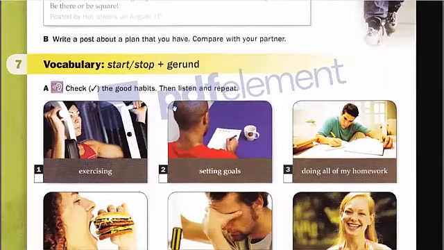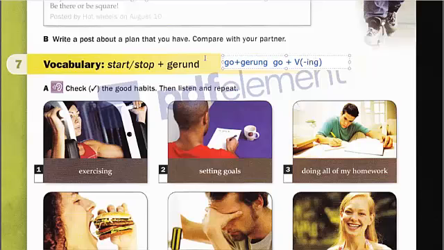here we're going to start talking about start, stop, plus gerund. As you can remember, we have studied the verb go plus gerund. Remember? In other words, it means go plus another verb that ends in ing form.